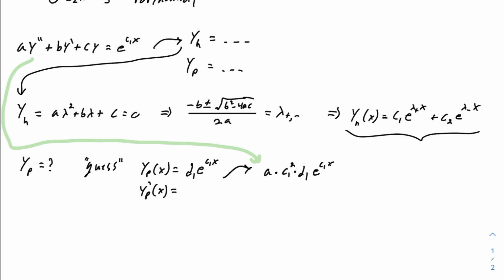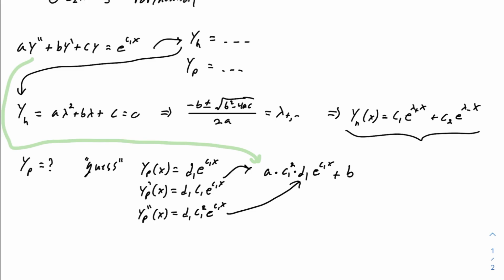So I'll write it out here first, I guess. y particular prime is d1 c1 e to the c1 x, and y particular double prime is d1 c1 squared e to the c1 x. Okay, so then that's where we got that term right there. And then we have plus b times y particular prime.